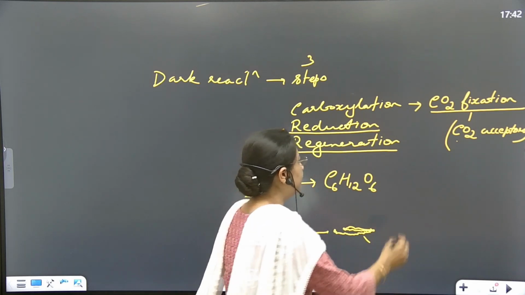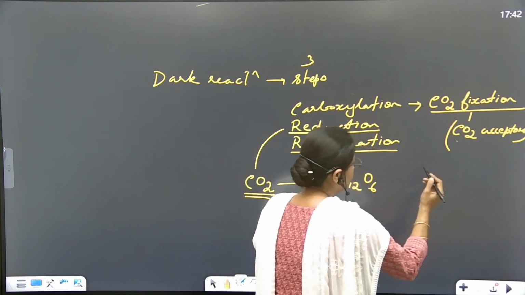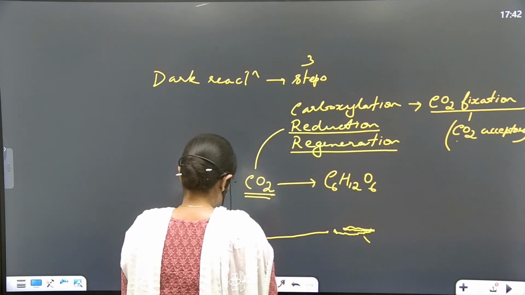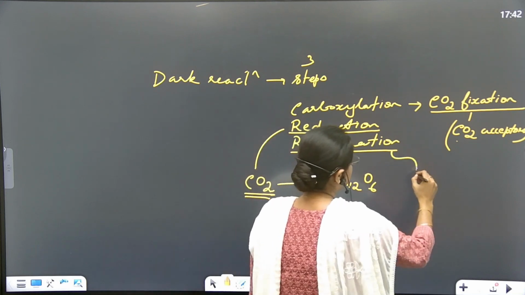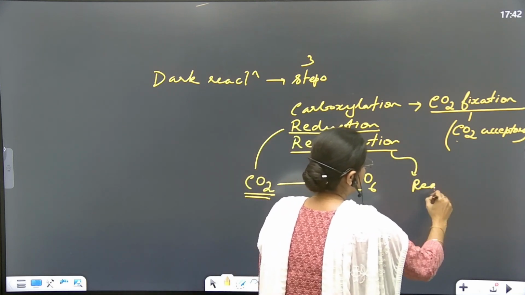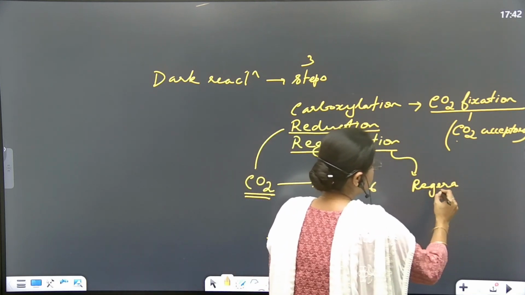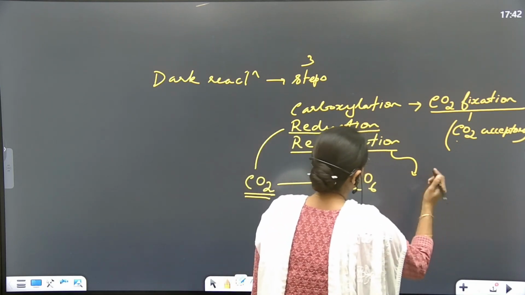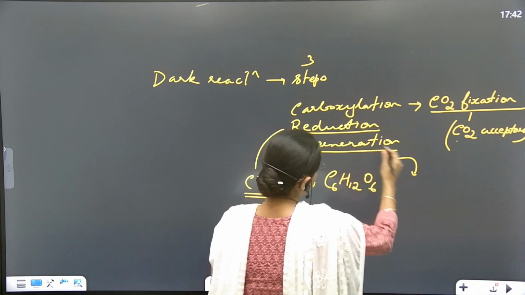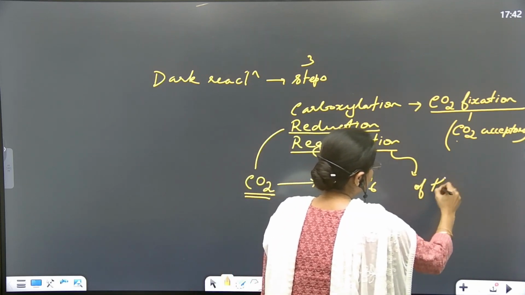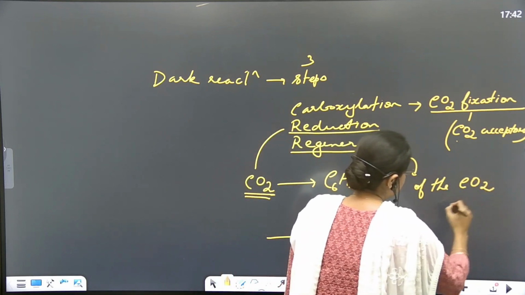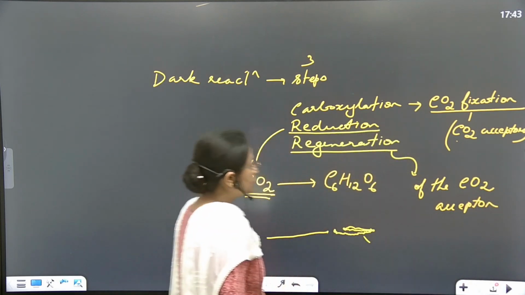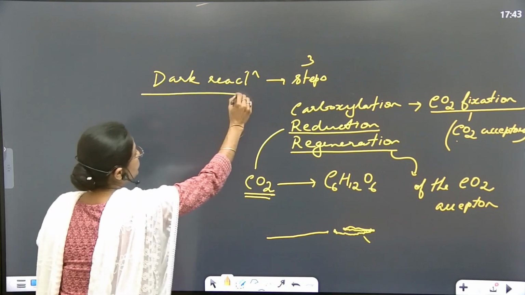And by the word regeneration, we are talking about regeneration of the carbon dioxide acceptor. So dark reaction is a 3-step process.